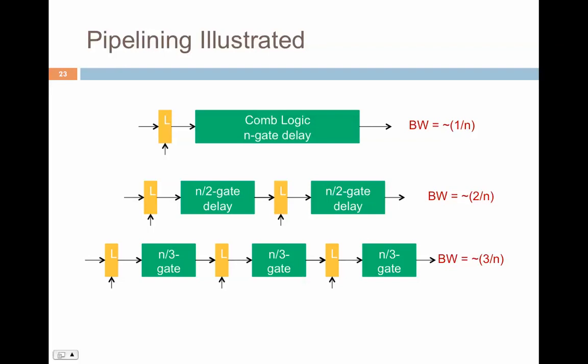Now the catch here is that as the number of stages increases, the number of latches also increases. Each of these latches has a very small delay, but with a larger number of stages, the latch delay begins to play a big role. So there is a point of diminishing returns if the number of stages explodes, because you will see more and more latch delays.